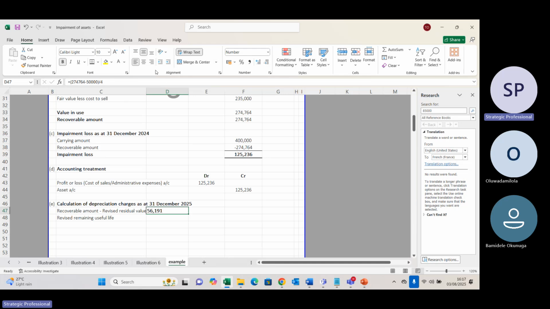So the whole essence of this particular example is that I was trying to show you that once an asset has been impaired, going forward, the depreciation of that asset will also reduce, on the basis that the carrying amount has also reduced to the recoverable amount. That is what I'm trying to show you in this whole example.